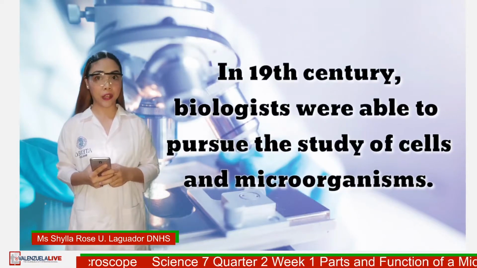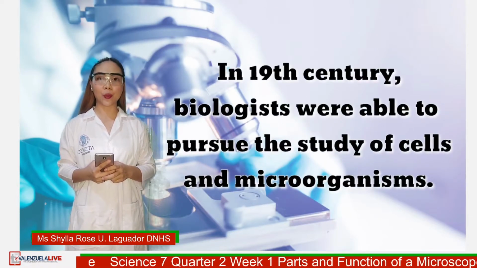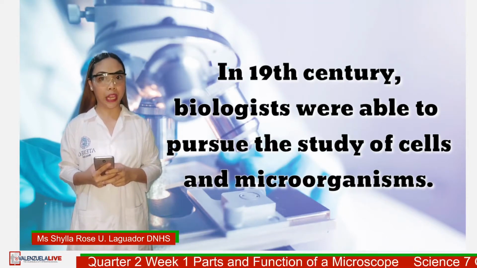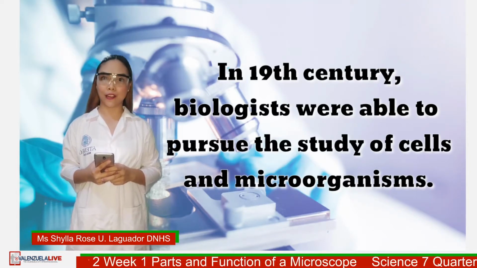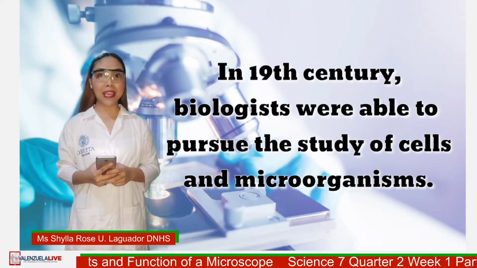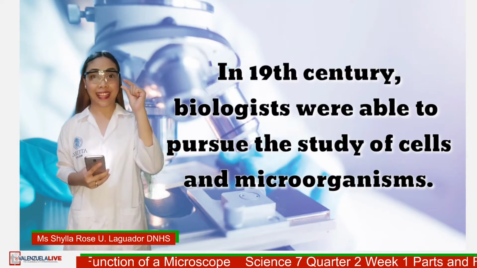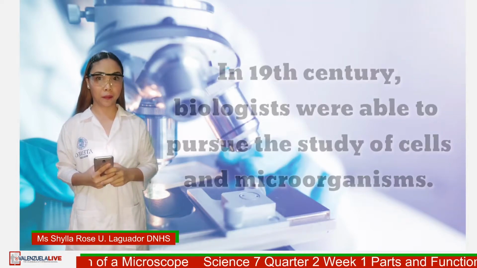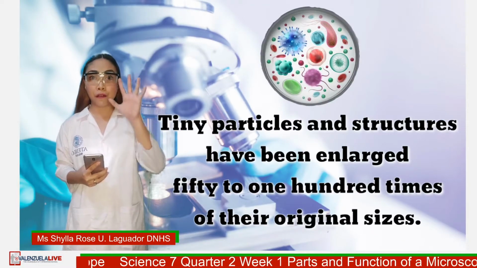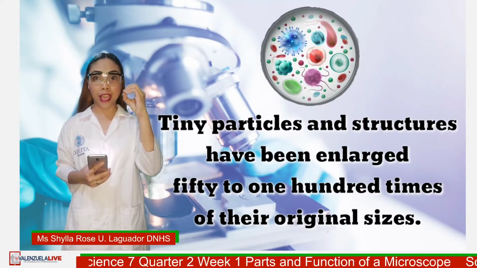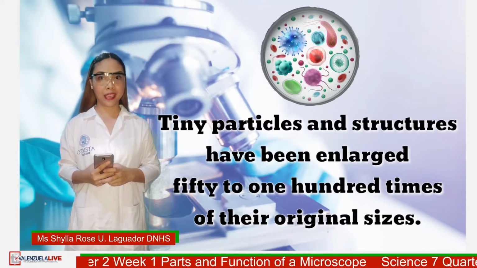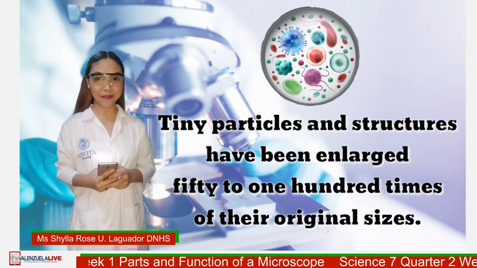In the 19th century, same-designed lenses were created and perfected. Thus, biologists were able to pursue the study of cells and different microorganisms. From then on, human beings can observe even small details which were previously unknown. Tiny particles and structures have been enlarged 50 to 100 times of their original sizes with the use of microscope. Isn't that interesting to know?